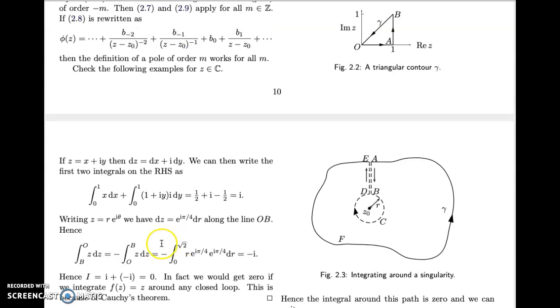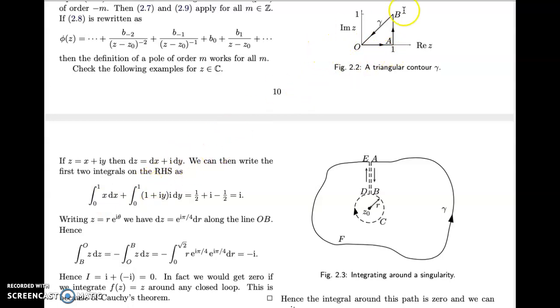Well, the first of the integrals, from O to A, is along here, so obviously y is 0 and dy is 0. So we just end up with z equals x and dz equals dx, and x varies from 0 to 1. So we have the integral of z dz from 0 to A.